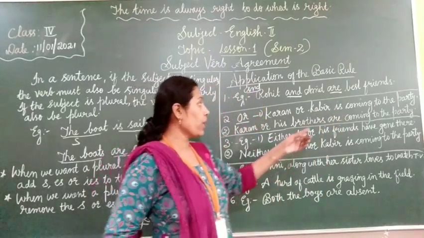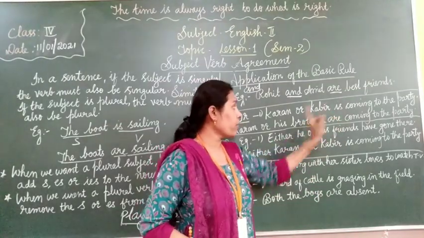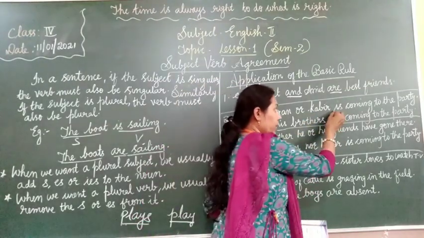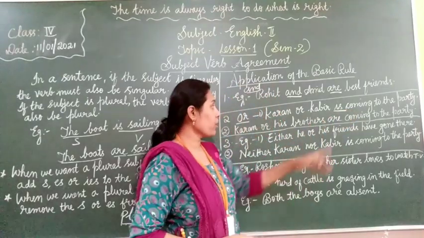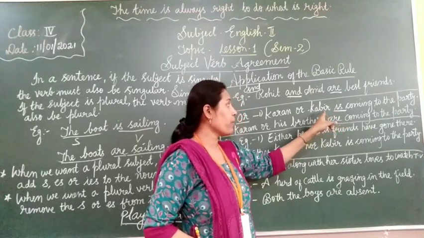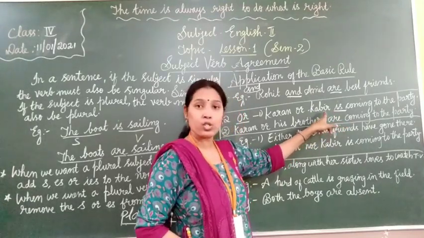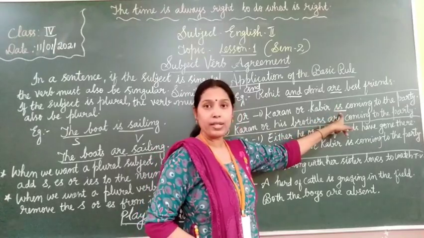So the verb will agree with the subject that is placed near the verb. What is the verb here? Is, right? So it will agree with the subject which is near to the verb. Near to the verb, what is the subject? Kabir, right? Singular. So we have to use the verb in singular.